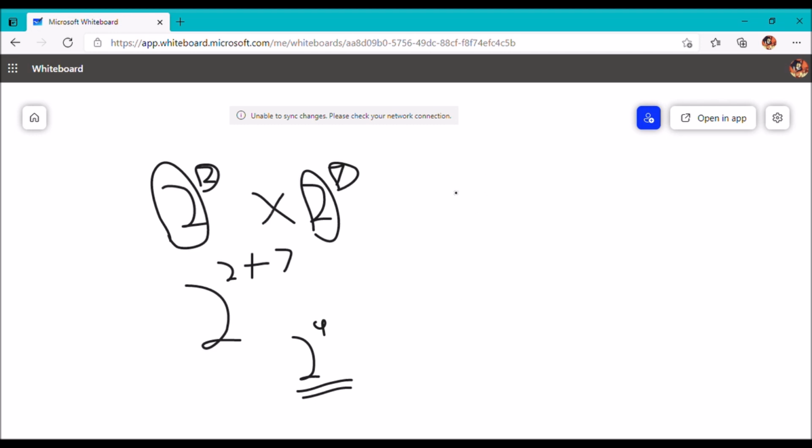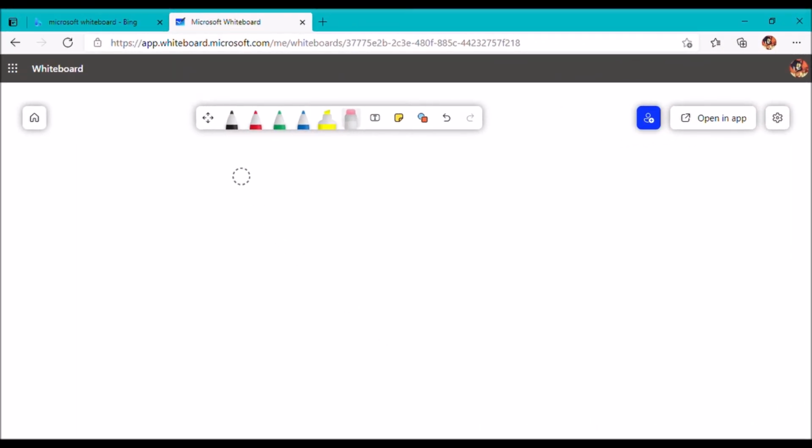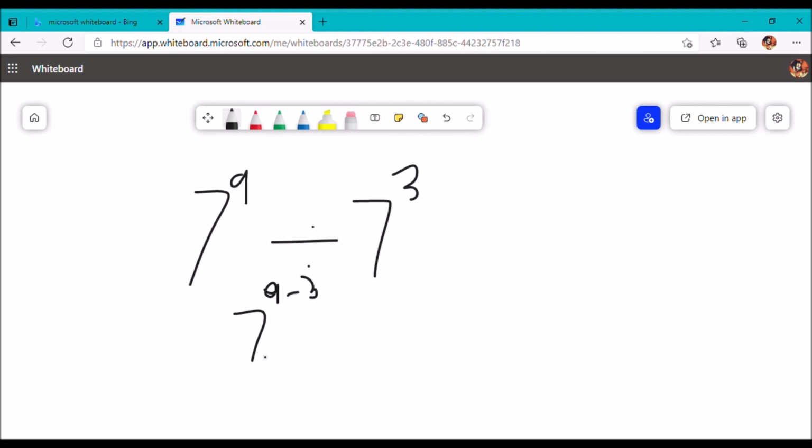Now let's talk about division. So if we come across a question like this, then also the bases are the same. So we just must subtract the indices.